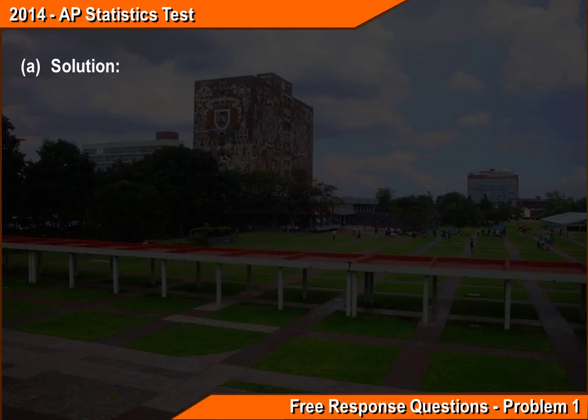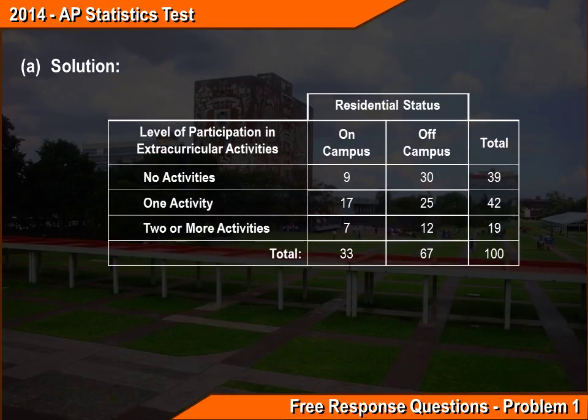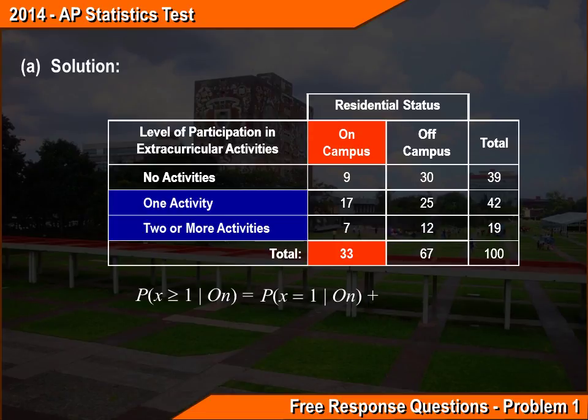To calculate the conditional probabilities from the frequency table, we have to focus on the corresponding on-campus and off-campus columns. Then, the proportion of students participating in at least one extracurricular activity given that they live on campus will be the addition of the corresponding values for one activity and two or more activities under the on-campus column.